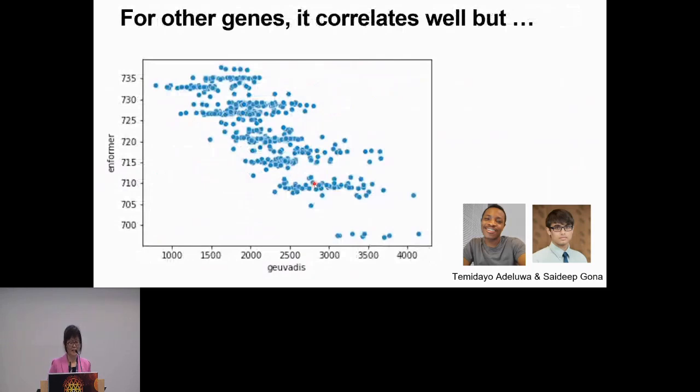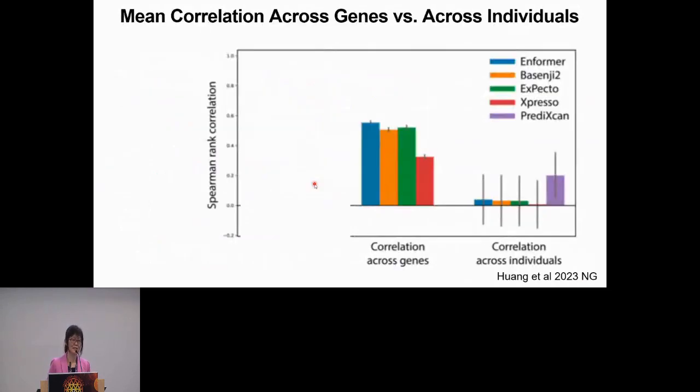The issue I find with these papers is that, in general, people, myself included, read the headlines. The headline is that these methods don't work across individuals, so you dismiss them, right? But if you look at one of the papers, Nilah's paper, they also talk about the correlation across genes and across individuals. Across genes, the mean correlation is pretty good and better than all these other methods.